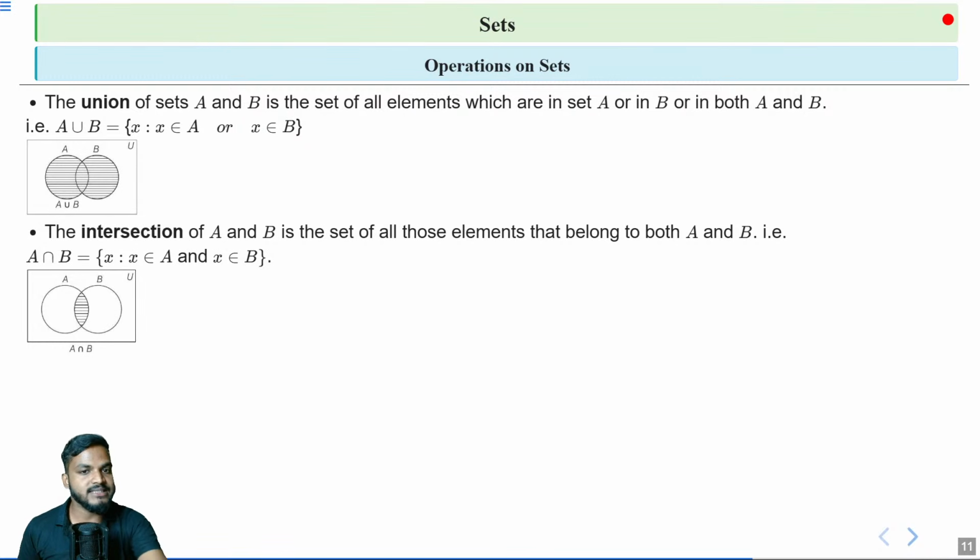So intersection is just the common elements that belong to both A and B.